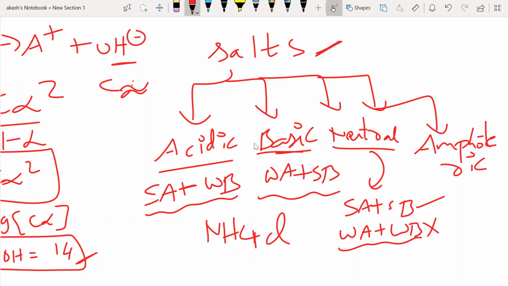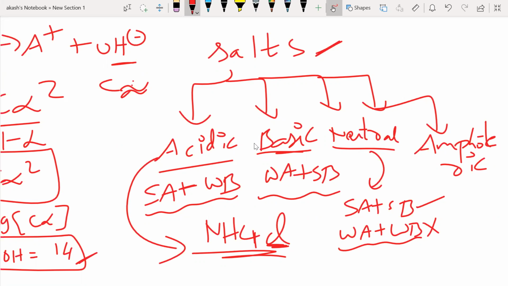What would have been the acid? What would have been the base? No, NH4+ is not the acid, this is a salt. Now this salt would have been formed from an acid and a base. What would have been the acid and the base? It would have been NH4OH, which is a weak base, and this Cl- would have come from HCl, a strong acid. So definitely it would have been an acidic salt.